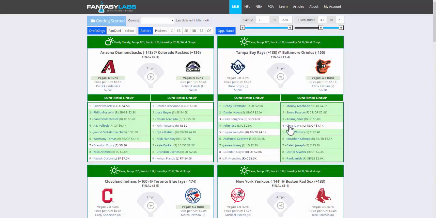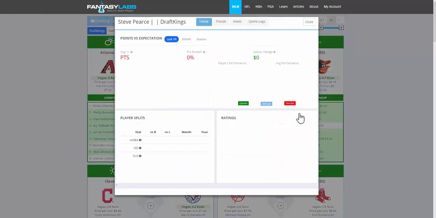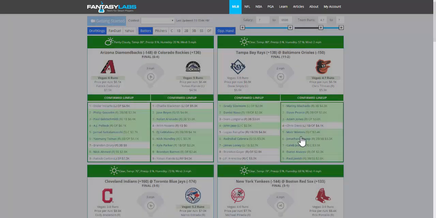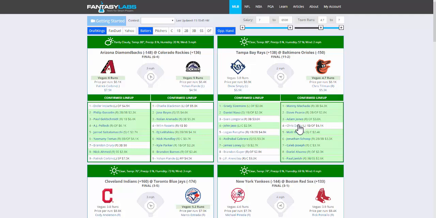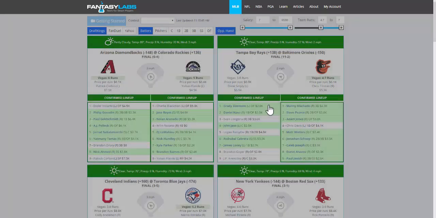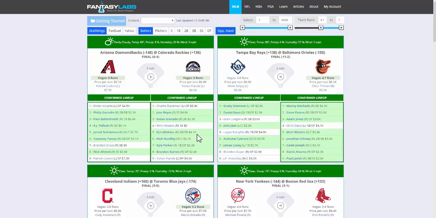These splits are important to look at. You can look at some guys who are even splits players, and then guys who are really drastic in their splits. So you can see Steve Pearce here, pretty close. Chris Davis, also pretty close, .266 against righties, .232 ISO against lefties.